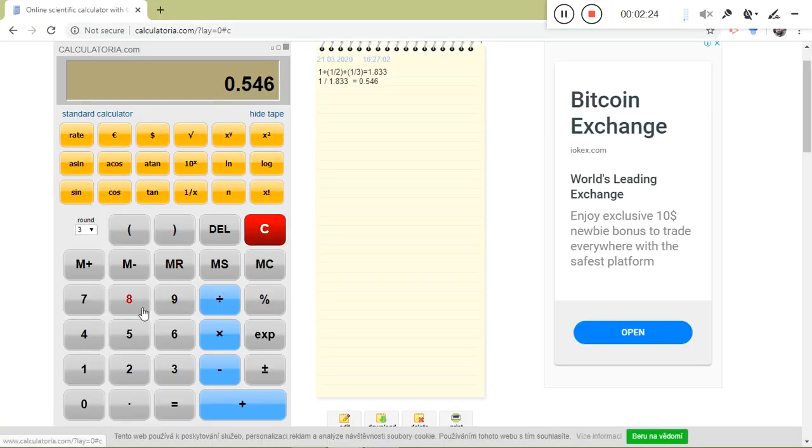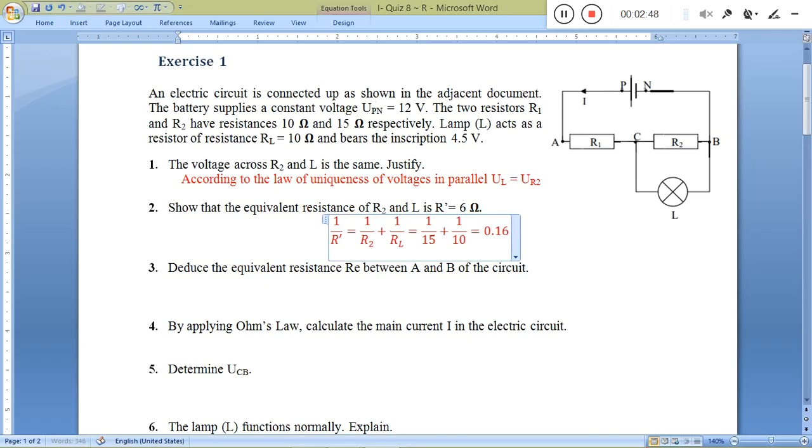1 over 15 plus 1 over 10. Okay, open the bracket, 1 divided by 15, close the bracket, plus, open bracket, 1 divided by 10, close the bracket, equals 0.167.